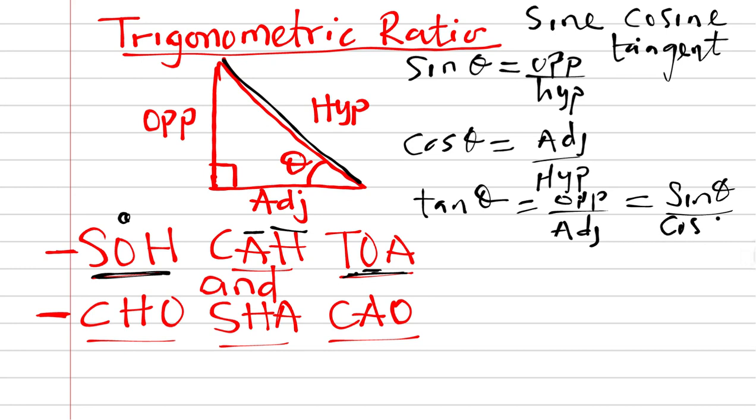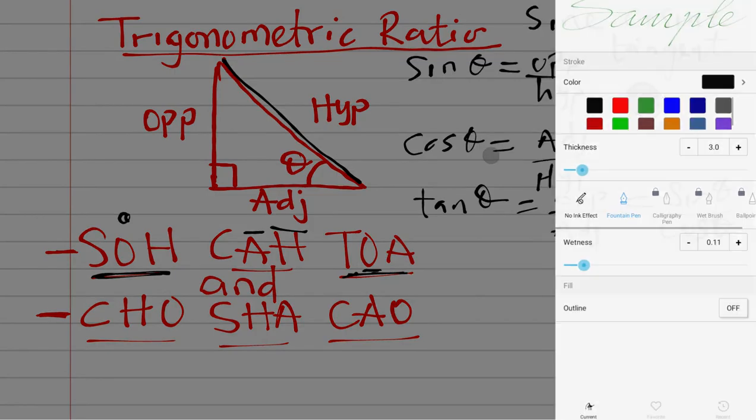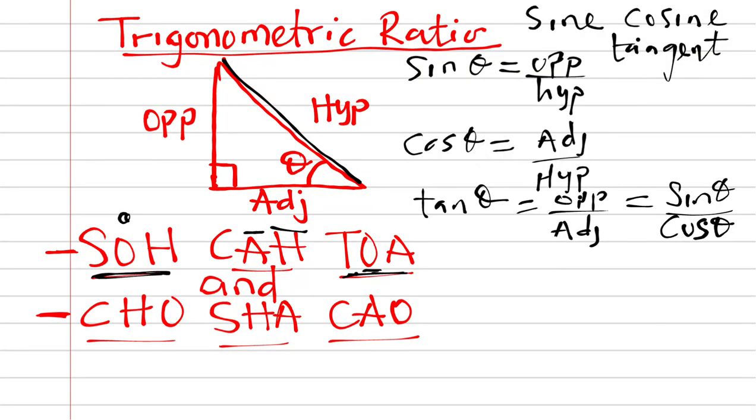Alright, so let me show you the reason why it is the same. We said tan theta is the same thing as sine theta over cos theta. So what is sine theta?